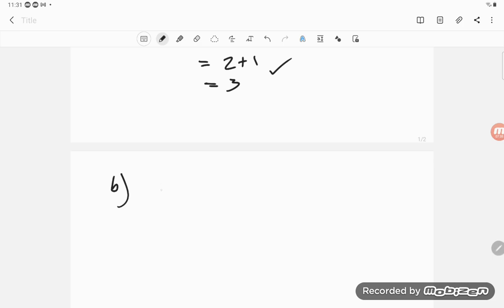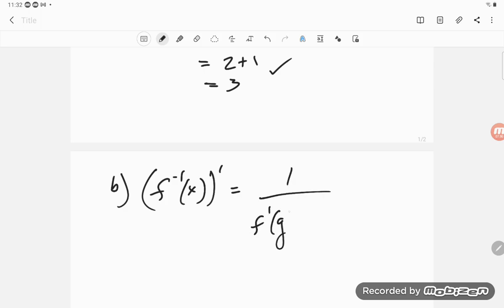At any rate, we could use technology maybe to find that, and then B, the derivative. Well, what we know is just that the derivative of f inverse of x is equal to 1 over f prime of g of x.